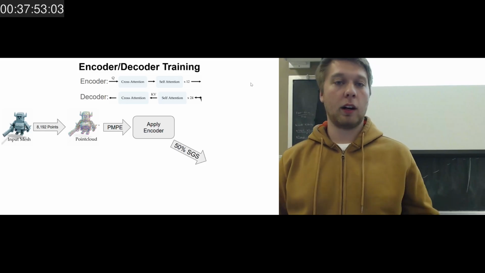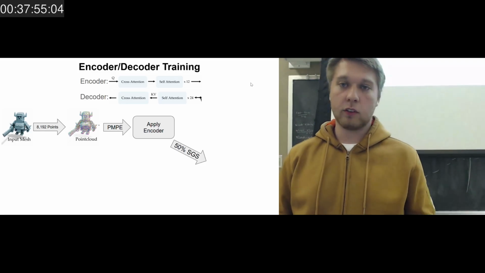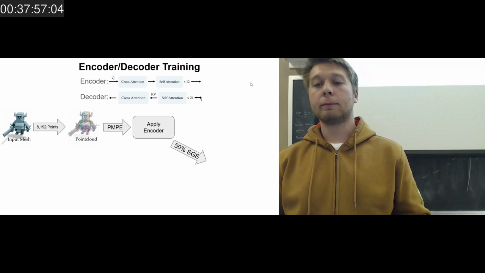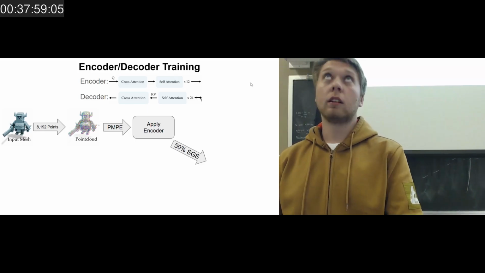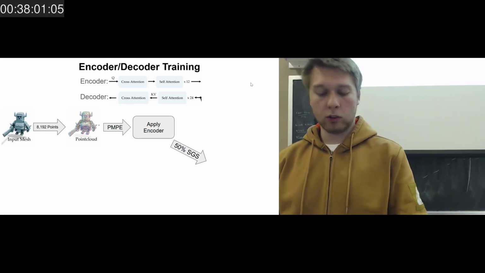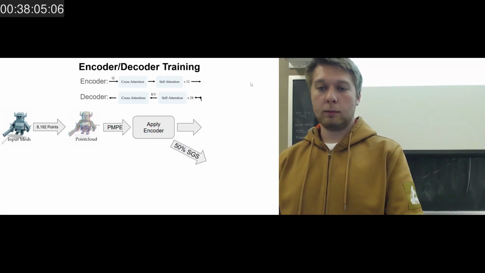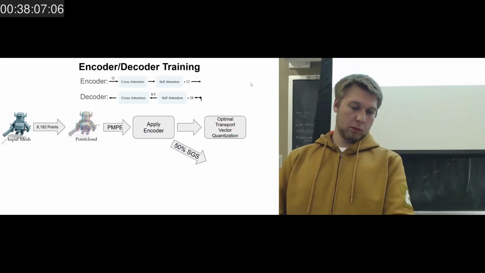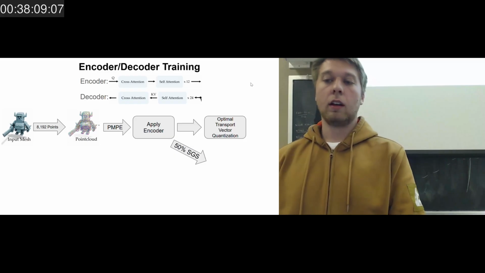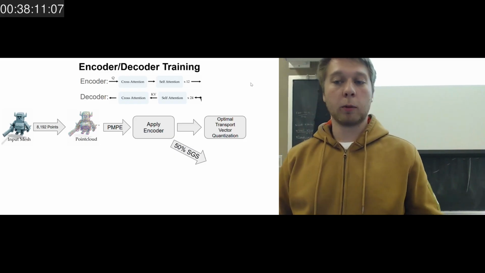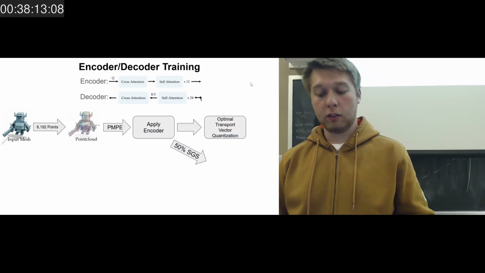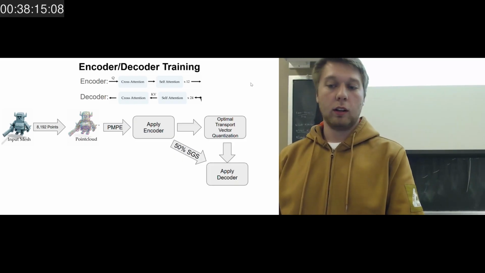And then we apply the cross-attention and self-attention layers, along with the learnable queries after. Then we apply the optimal transport vector quantization so that we can actually get individual tokens.